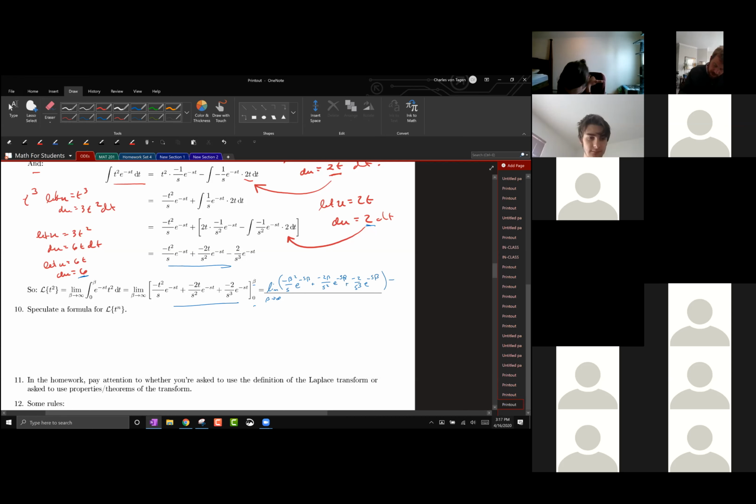And then we'd subtract from that a bunch of terms that have t's in them, with t going to 0, because that's our lower limit of integration. And what's the one term that survives out of all of that? It would be a minus 2 over s cubed when I let that t go to 0.